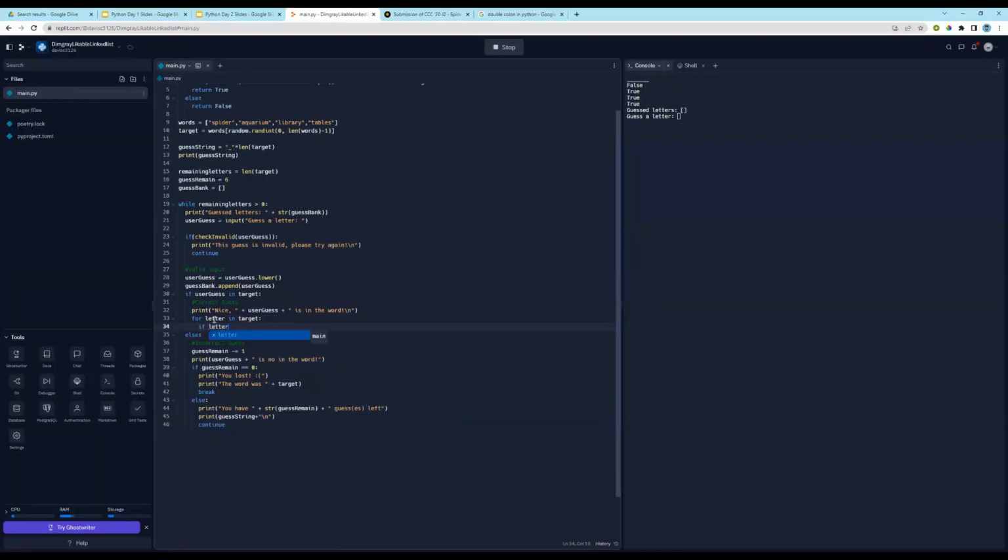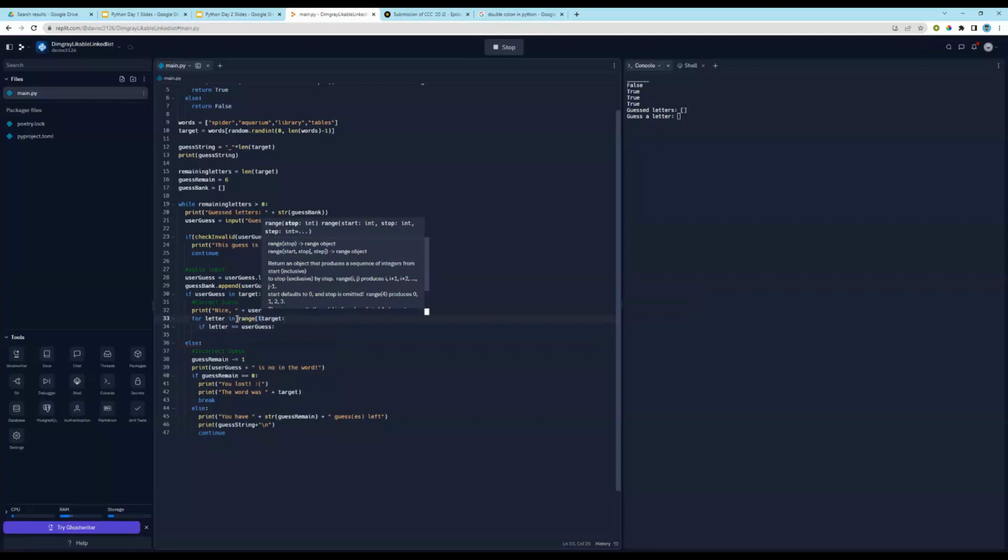If the letter equals the user guess, what you have to do is replace that specific place. So actually it will be easier if you do in range of len target.